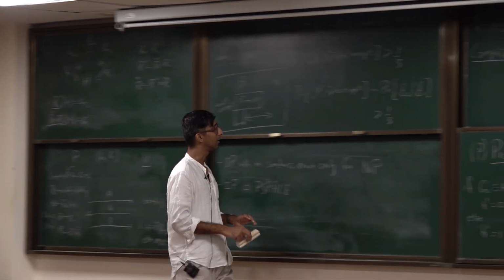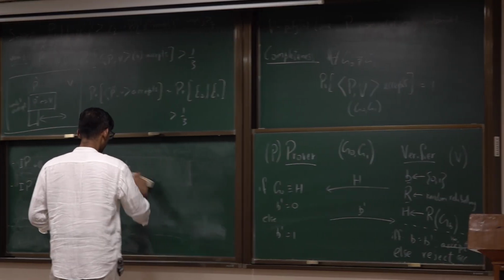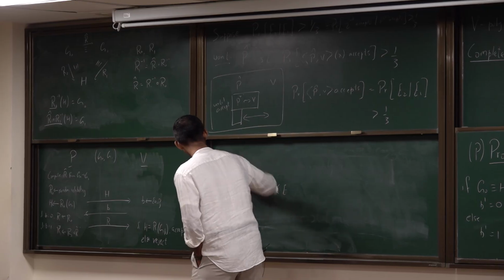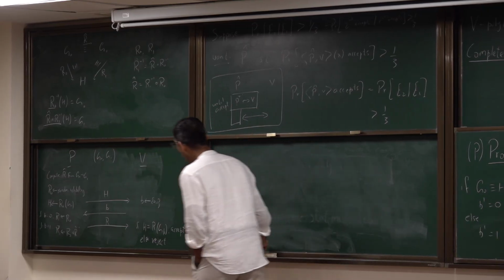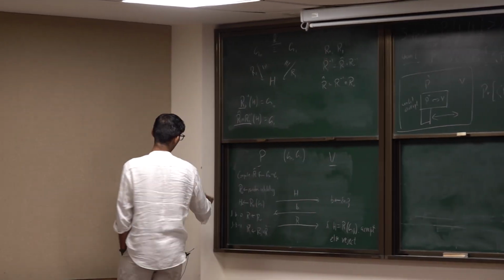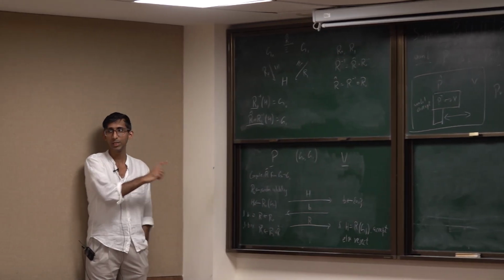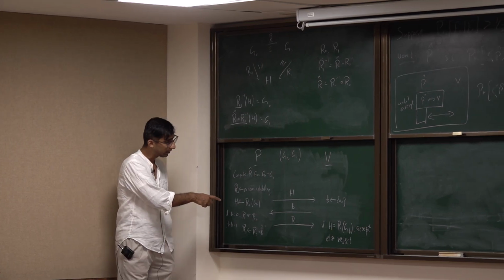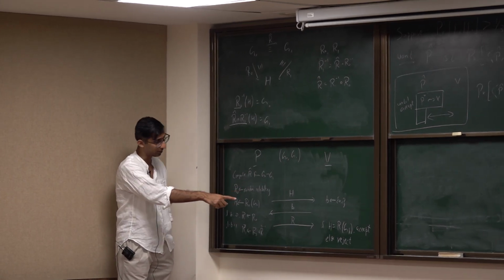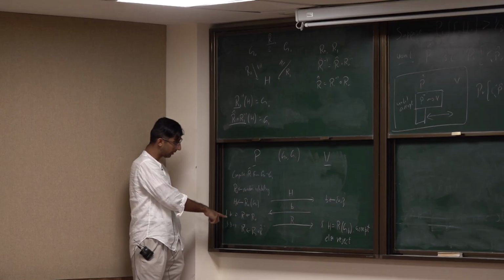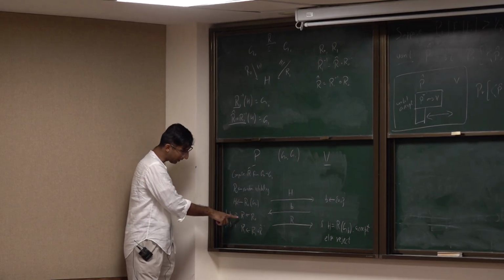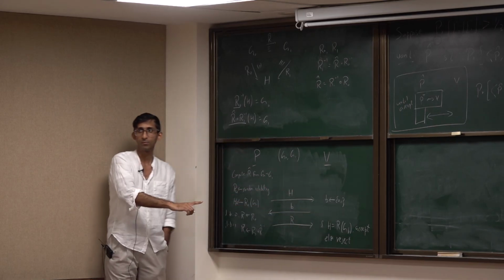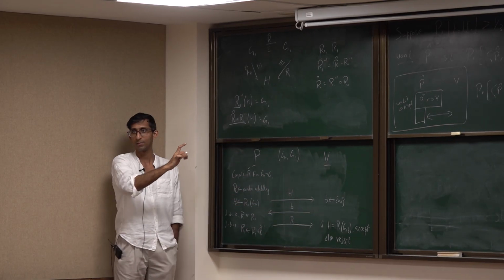Right. And now here, let's see what we can say about this protocol. So first of all, completeness is clear, right? The fact that if G0 and G1 are isomorphic, then this in fact does satisfy all these conditions. Because if they are isomorphic, then the prover can compute the R hat, it can compute the R over here, and it will satisfy this property by the definitions of all of relabelings and everything, right?